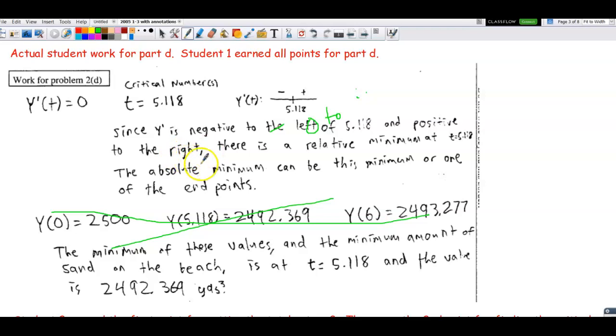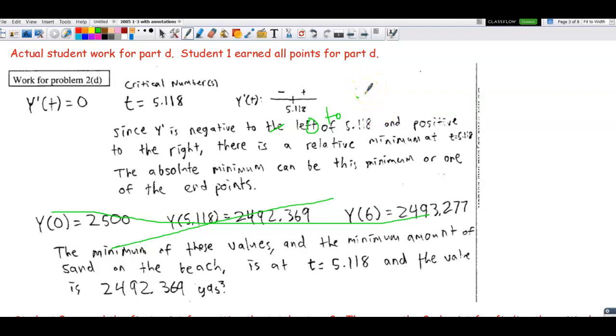amount of sand on the beach is decreasing, and the amount of sand, I think I said this backwards. Y prime is negative to the left, or from 0 to 5.118. Therefore, the amount of sand on the beach is decreasing. If that's not what I said, that's what I should have said, decreasing.